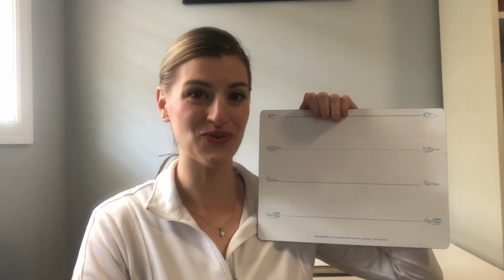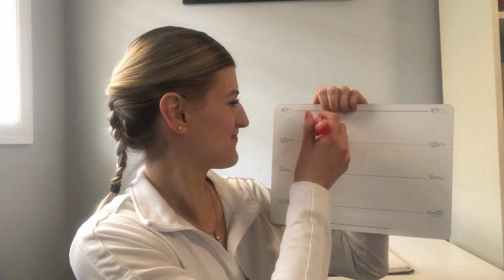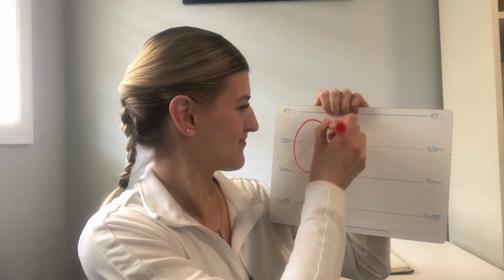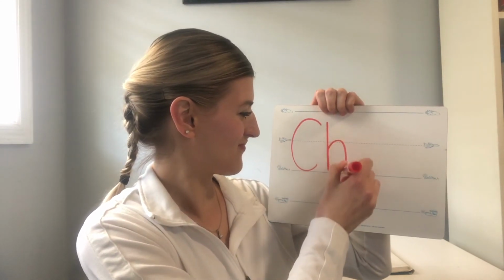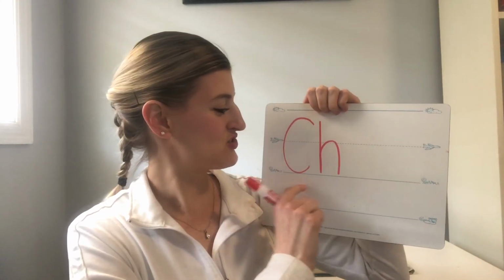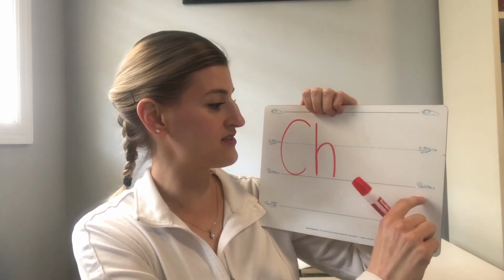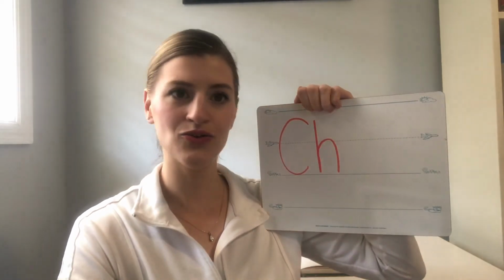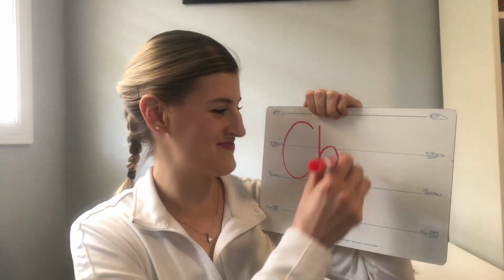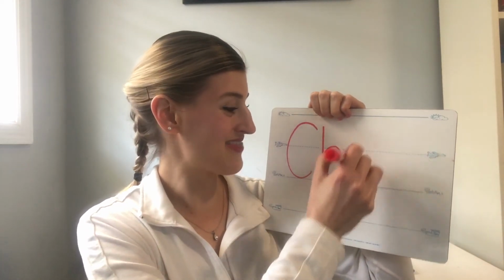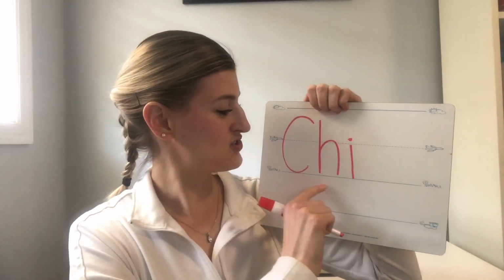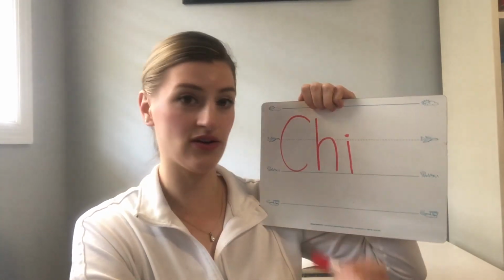Which letter blend does the word child start with? If you said CH, that's correct. Ch-I-L-D. I. Which letter sounds like I? That would be the vowel I. Ch-I-L.